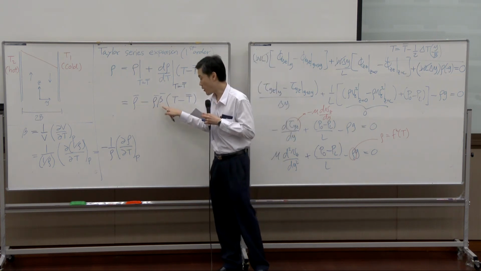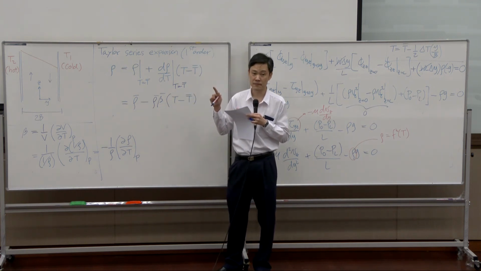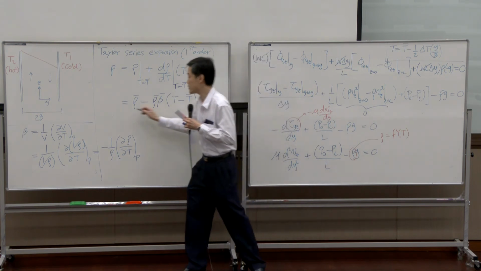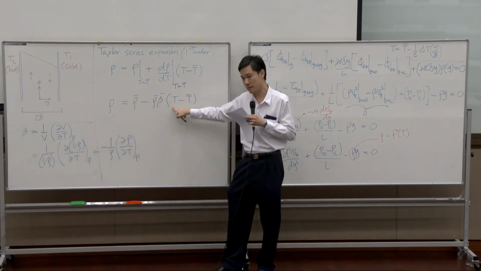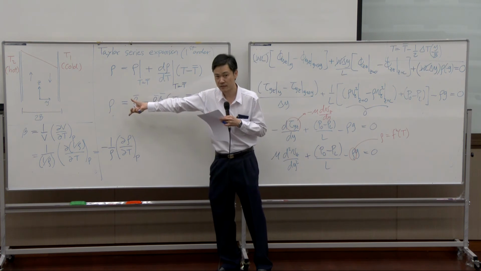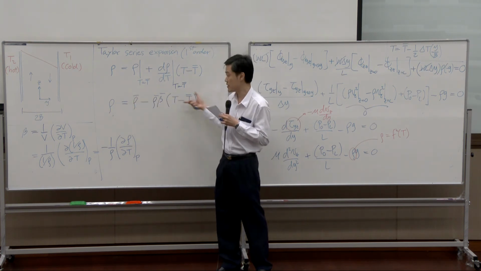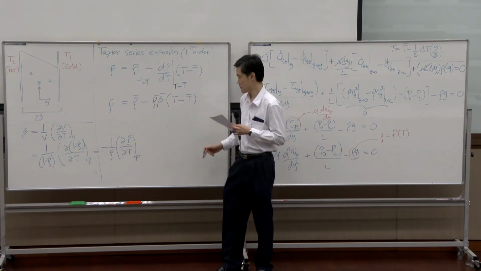Now everything with a bar is supposed to be a fixed number, a constant. Okay? So now we have a simple equation telling density with respect to temperature. This is my equation of state. Of course, you can use other equations of state, but this one is simple enough.